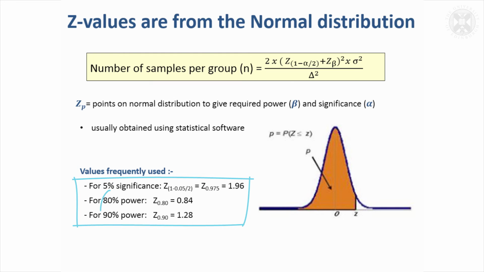And for 80% power and 90% power, you can just take those from what's already known, 0.84 and 1.28. So basically these are the Z values for most situations that need to go into this formula up here. So you don't need to worry too much about those and thinking about how on earth am I going to find out what the appropriate value of Z is.